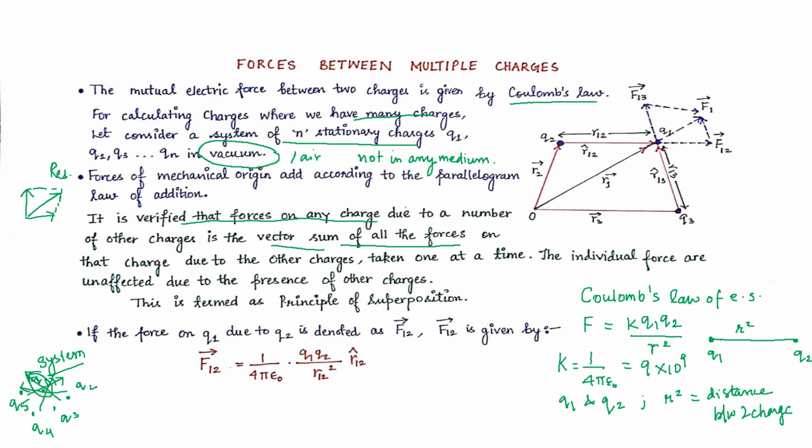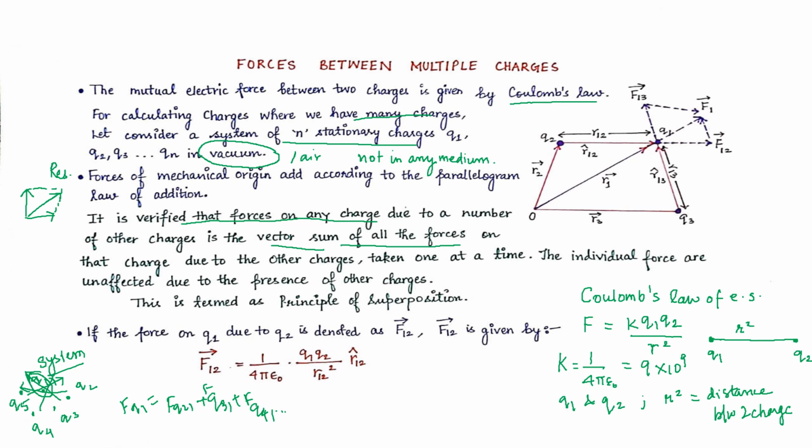It will be the sum of all these forces. So the force on Q1 will be the force of Q2 on 1, the force of Q3 on 1, the force of Q4 on 1, and so on.